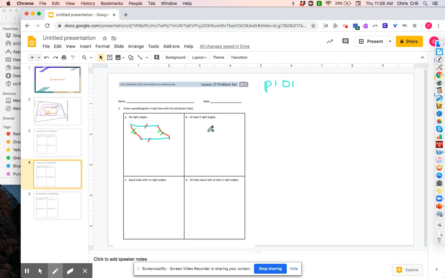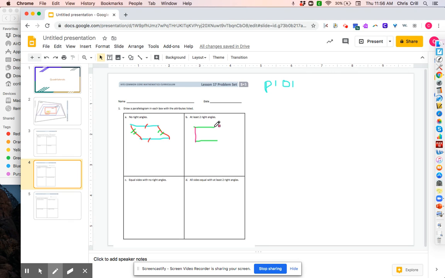B says make a parallelogram with at least two right angles. So I need a parallel, getting a little bit better at straight lines. We use a different pen color. So here we have two right angles.